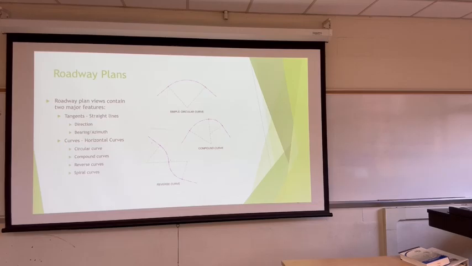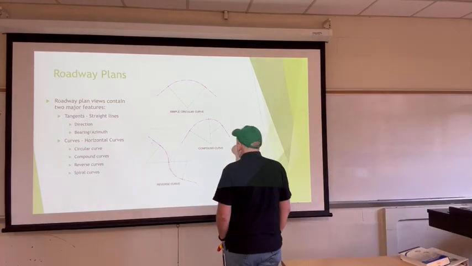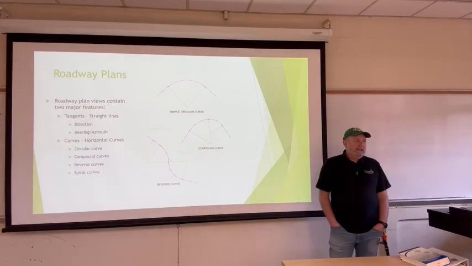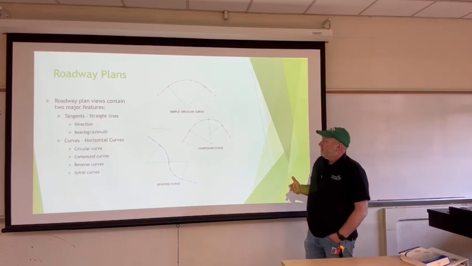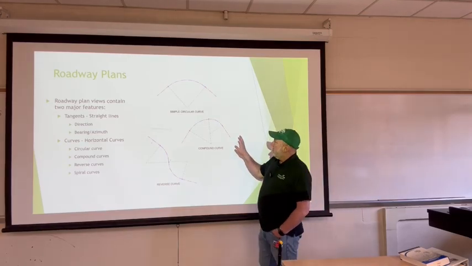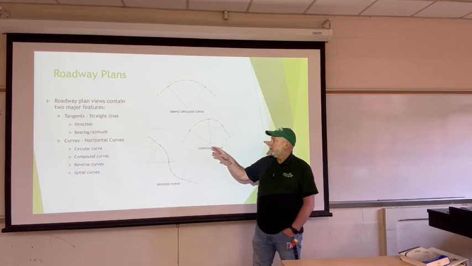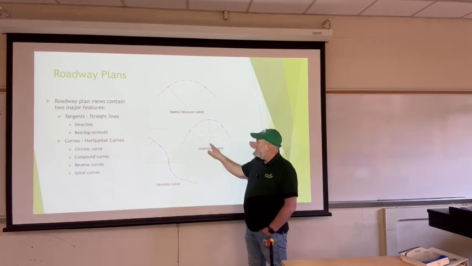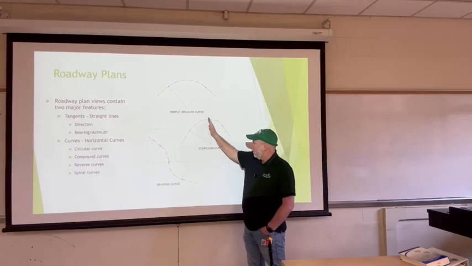We've talked quite a bit and calculated simple curves earlier in the semester. Compound curves, as you can see, would be two simple curves exactly next to each other but with a different radius. And something that is very critical, these two are also what we would say radial to each other. From this end, you go to the radius point, and this line is going to be the same for this curve where this part goes to its radius.